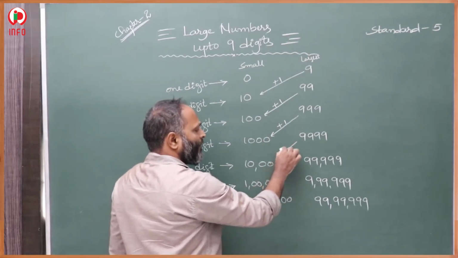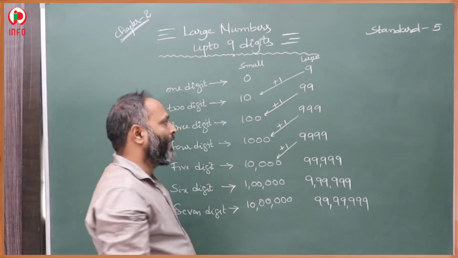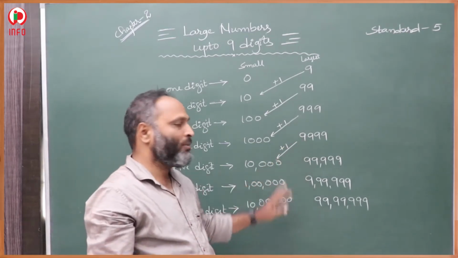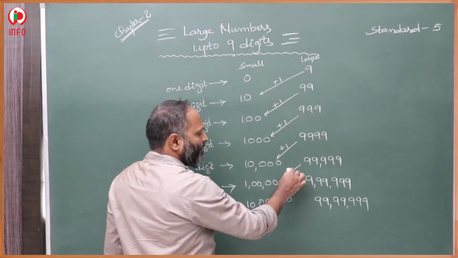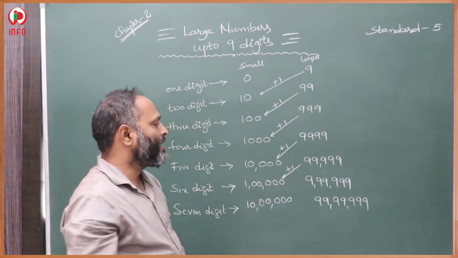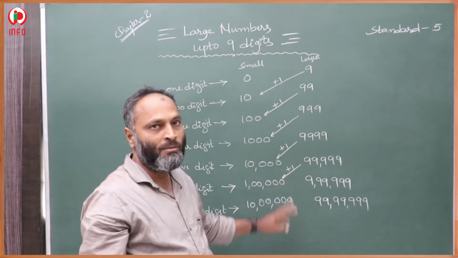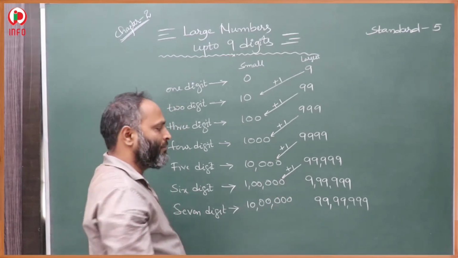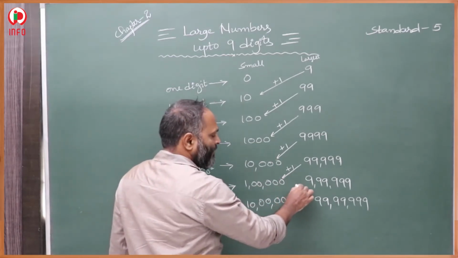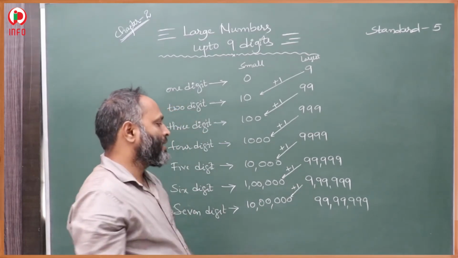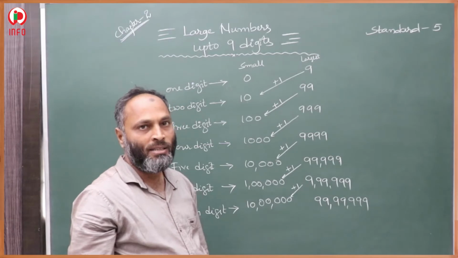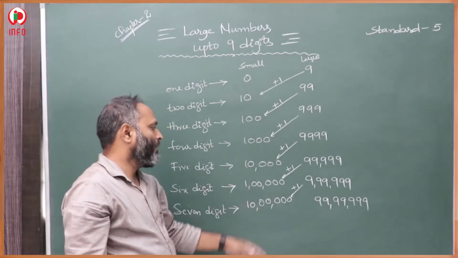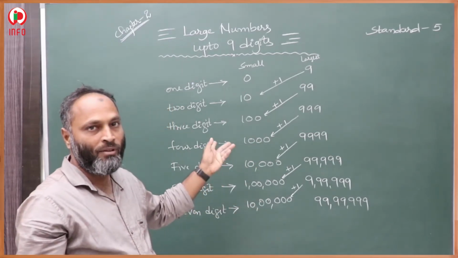If we add 1 to the largest 3-digit number, we get the smallest 4-digit number. If we add 1 to the largest 4-digit number, we get the smallest 5-digit number. Again, plus 1 to the largest 5-digit number, we get the smallest 6-digit number. If 1 is added to the largest 6-digit number, we get the smallest 7-digit number. This you have to remember.